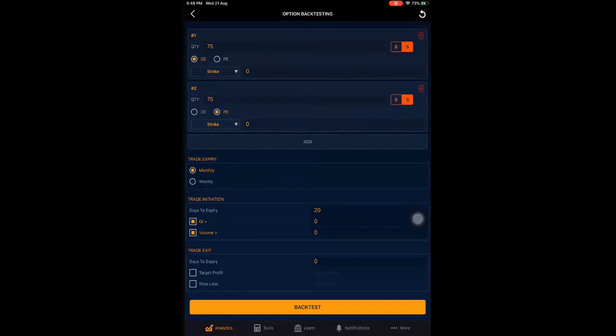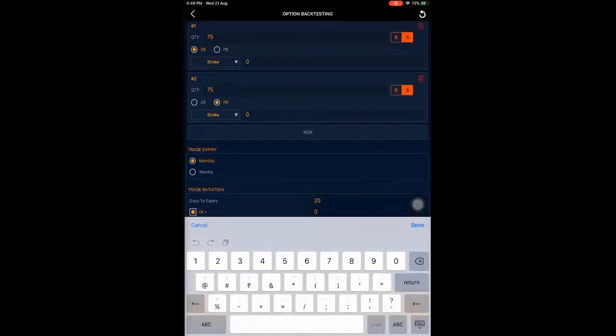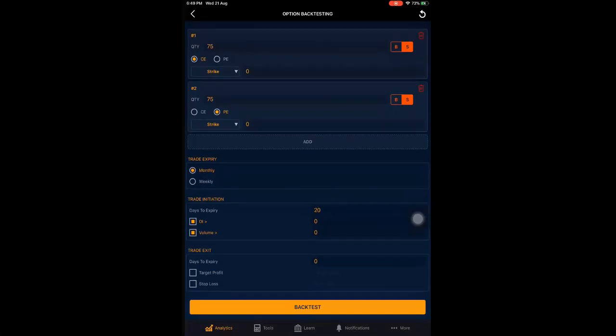In backtesting you can do indices, and for the stocks listed in the derivative market you can go and do it. You can have your own condition, your own benchmark. I want OI to be minimum 10,000, I want volume to be minimum 10,000. So you can define your own parameters. Target profit and stop loss, that we will understand.